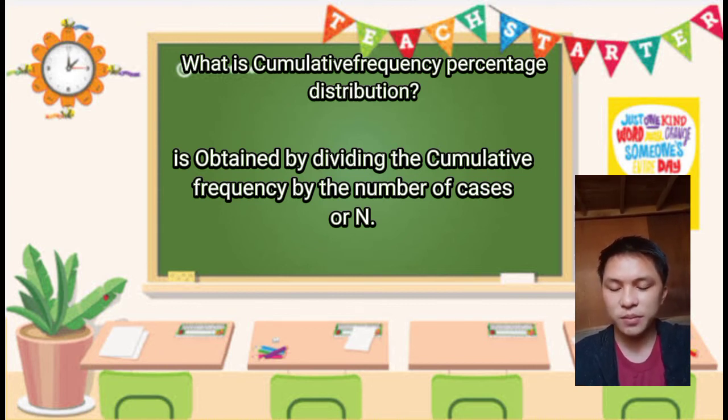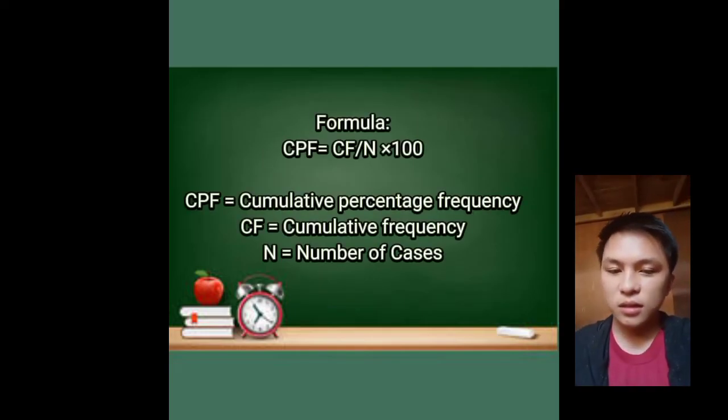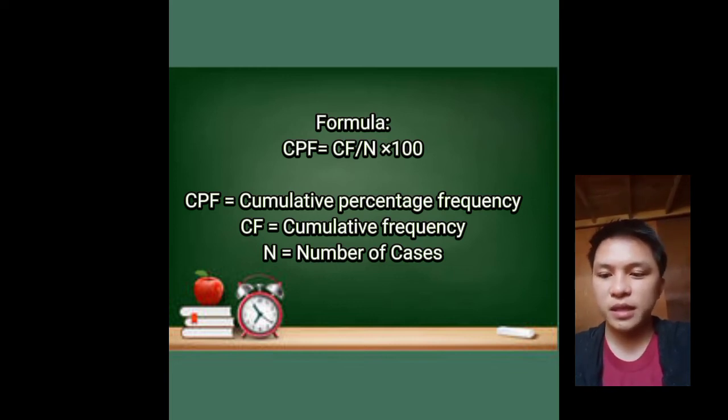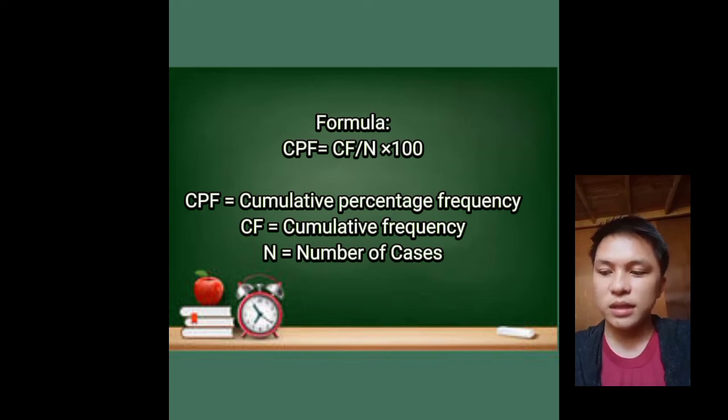It is obtained by dividing the cumulative frequency by the number of cases, or N. Our formula is CPF equals cumulative frequency over the number of cases times 100, where CPF is cumulative percentage frequency, cf is cumulative frequency, and N is the number of cases.